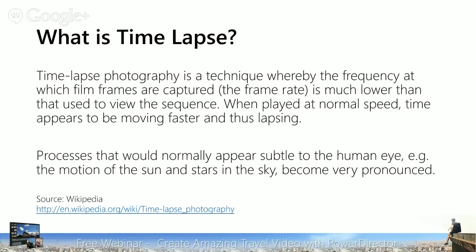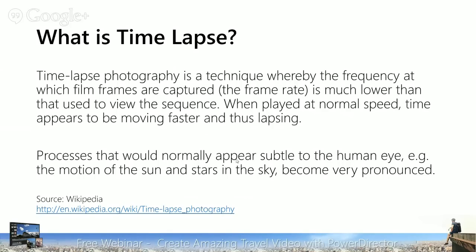So time-lapse, you can imagine it's like 30 times or 25 times fast-forwarding video. So you can see a lot of things moving faster than their original speed. For example, the moving of clouds at sunrise, sunset, or the flower blossoming, or like the cars running on the street in the city, etc.